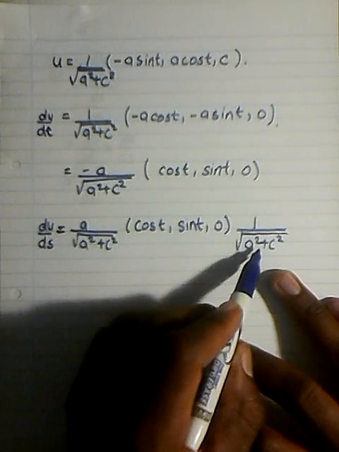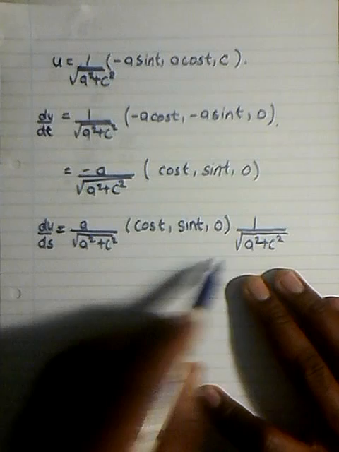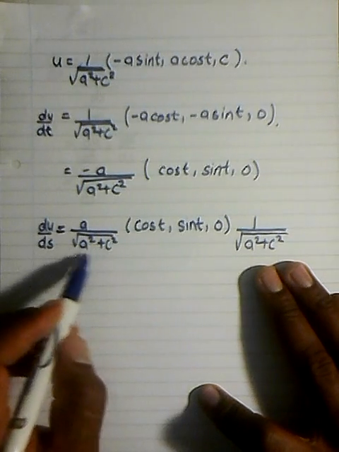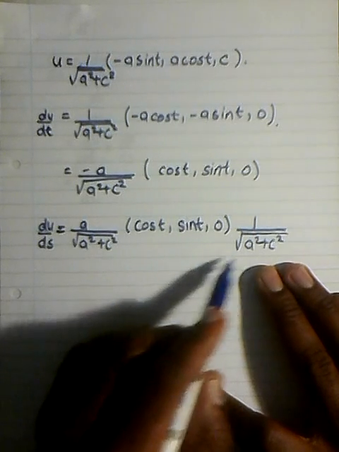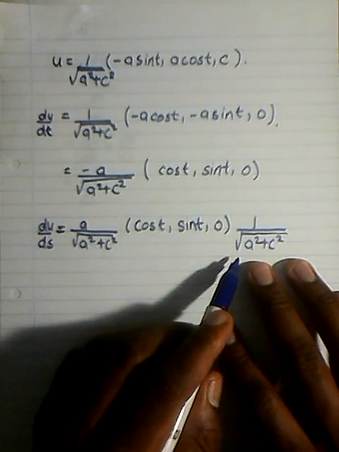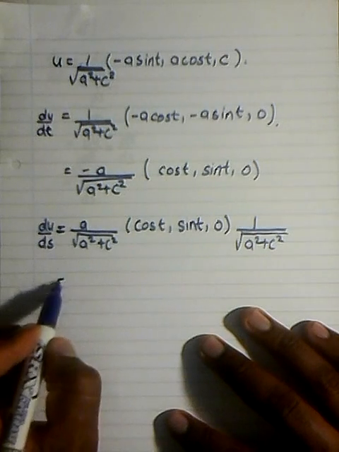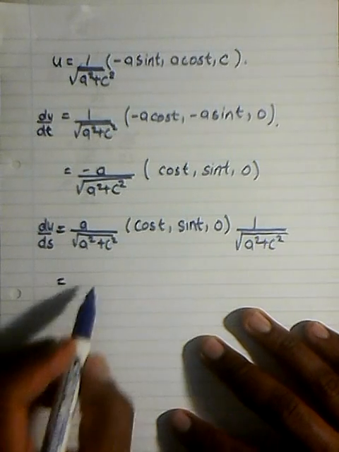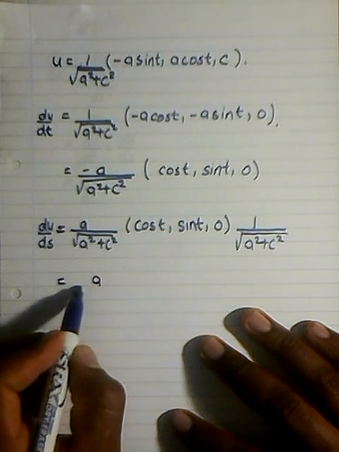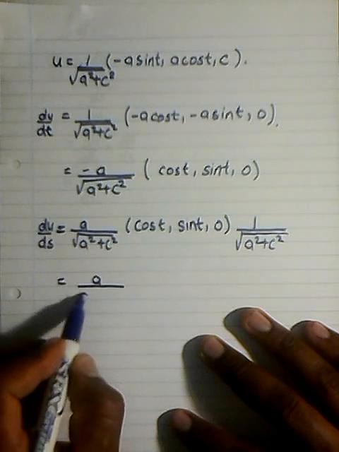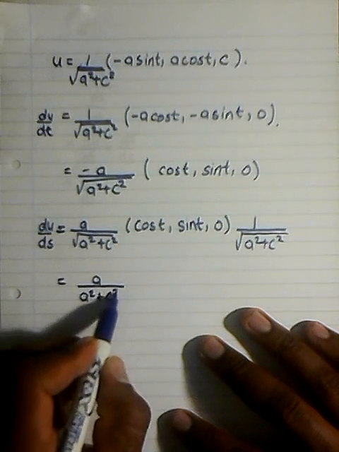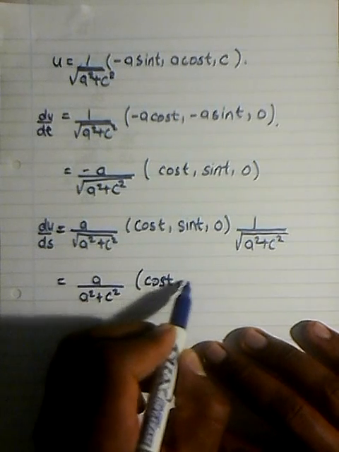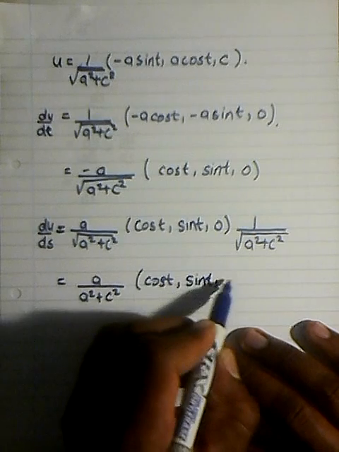Note that if you multiply these two, they have the same base and are raised to the power of half, so we can multiply them together. Working it out, you get a over a squared plus c squared, multiplied by cos t, sine t and 0.